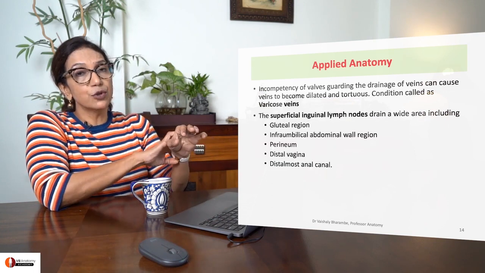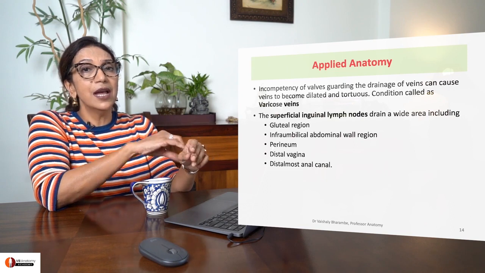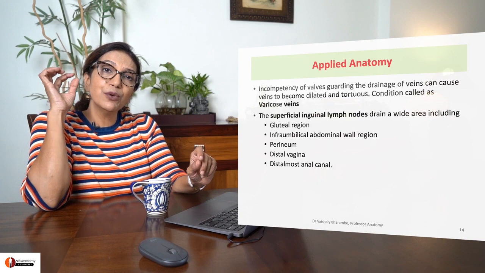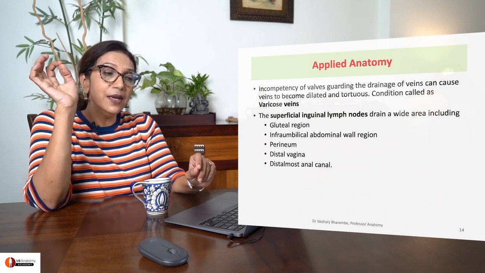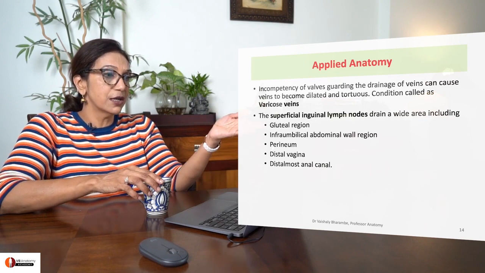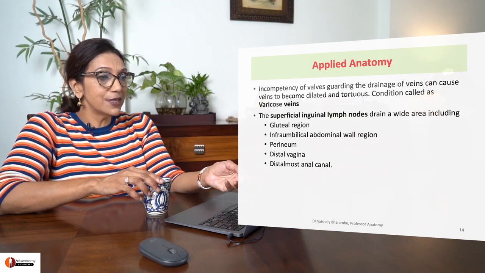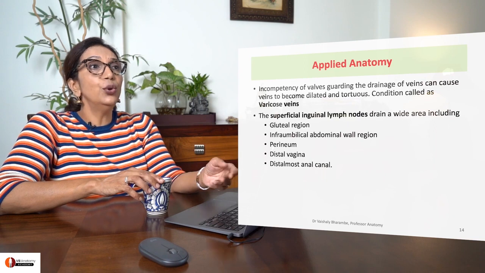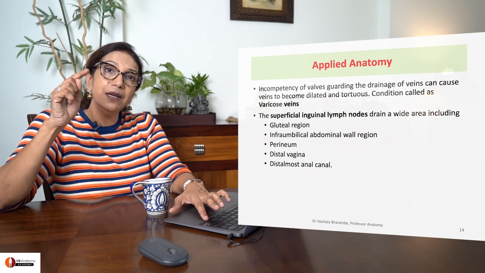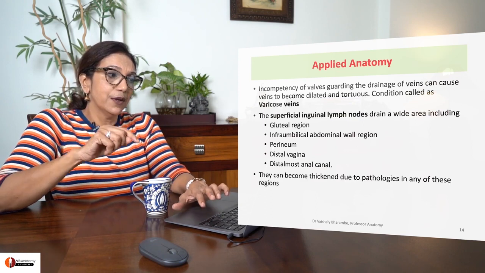Sometimes the superficial inguinal lymph nodes, which have a wide area of drainage, become very thickened. Then you must go exploring all these areas, such as gluteal region, distal vagina, distal anal canal, to look for the possible source of pathology. So even the roof matters, right?